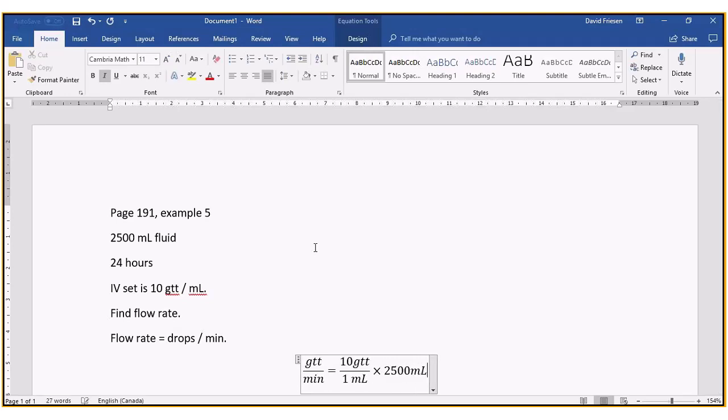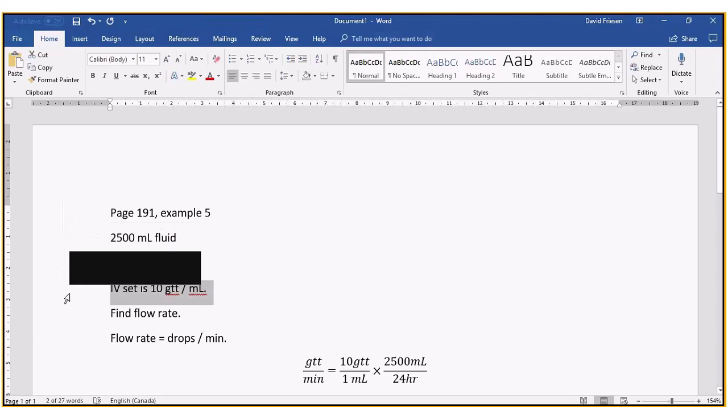Milliliters, and we need per hour or per 24 hours. So I could put in my 24 hours here. I've used this piece of data, this piece of data, and this piece of data. Got GTT on the top.